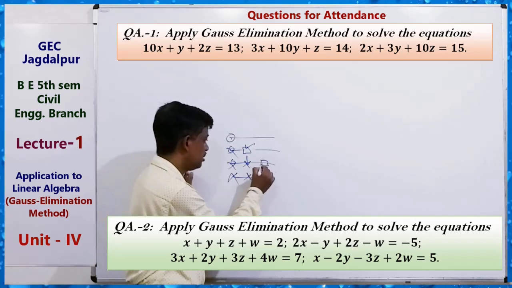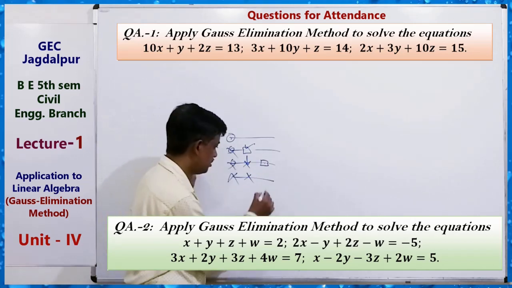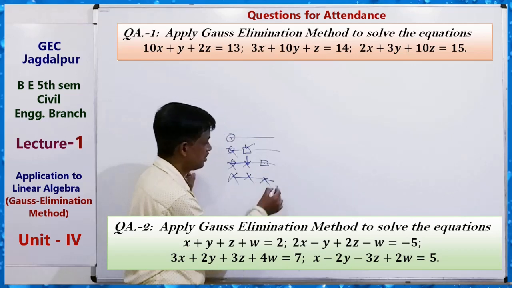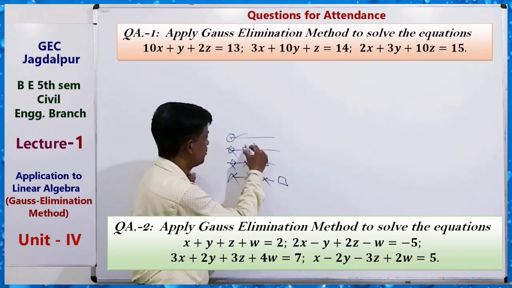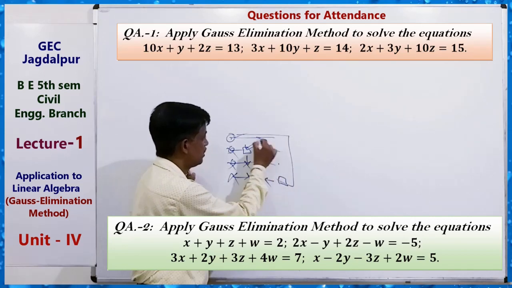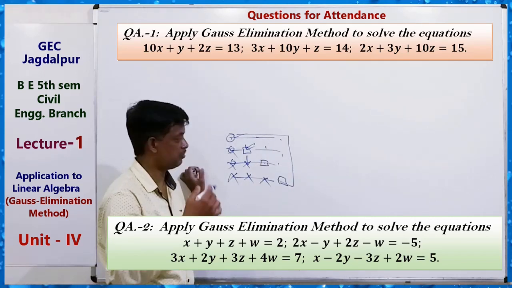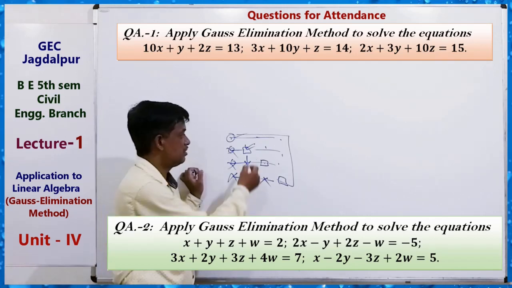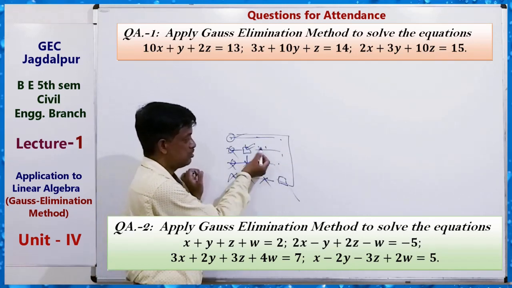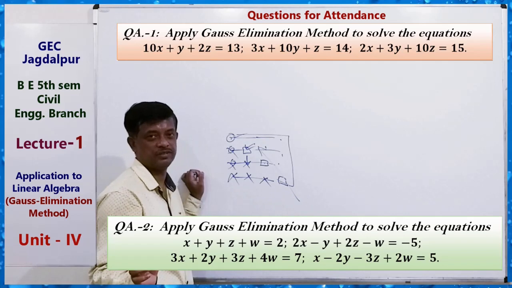Third pivotal element, a non-zero element, eliminate this, and you can get upper triangular matrix like equations. Then by back substitution you can get the values.